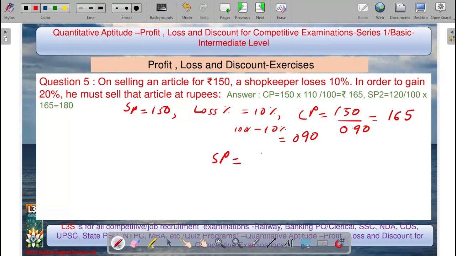Sell price will be 120 by 100, 120% of the cost price, 165. Six, then 5 3s, 33 into 6, 198.